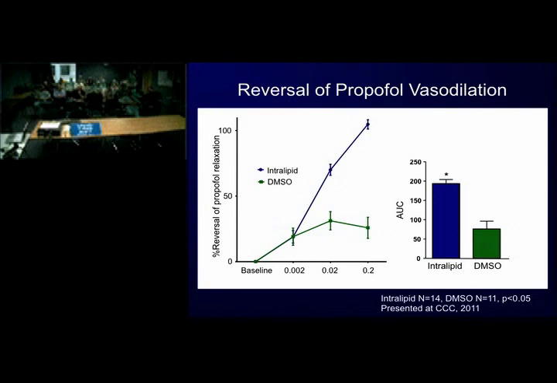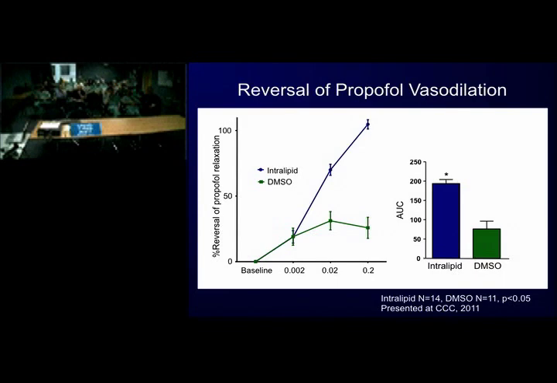On the left here is the cumulative data in a dose response curve, and on the right is all that data accumulated as area under the curve, just to summarize it. The y-axis here is percent reversal of propofol relaxation, and the x-axis is increasing doses of Intralipid. You can see there's Intralipid and DMSO.